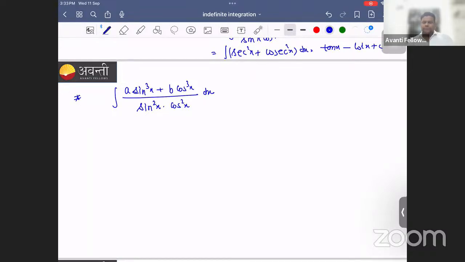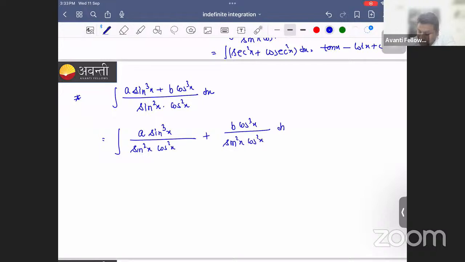See, here also we'll split the denominator. So it will become a sine cube x upon sine square x cos square x plus b cos cube x upon sine square x cos square x dx.